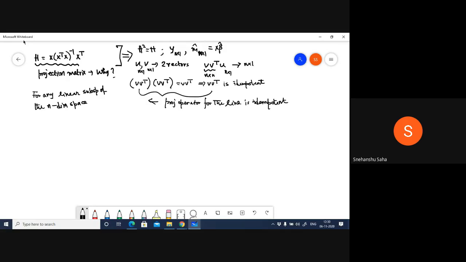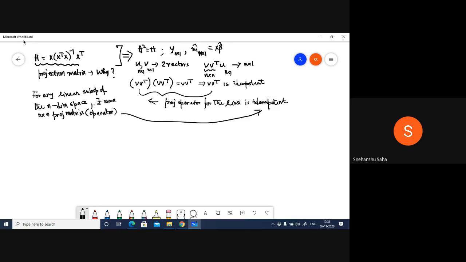There exists some n by n projection matrix, or we can call it an operator, doesn't matter. There always exists some projection matrix or operator which projects vectors in arbitrary position down into the subspace. And this projection matrix, mind you, is always idempotent.